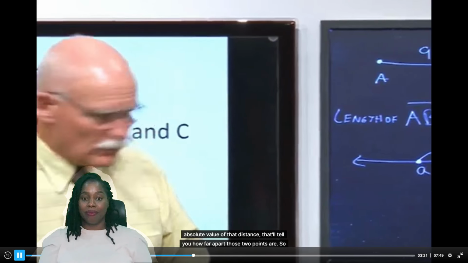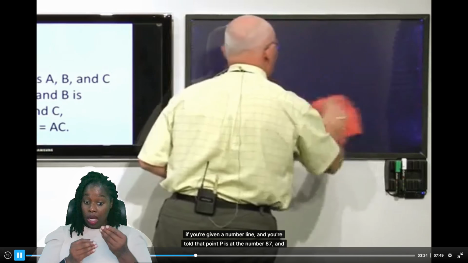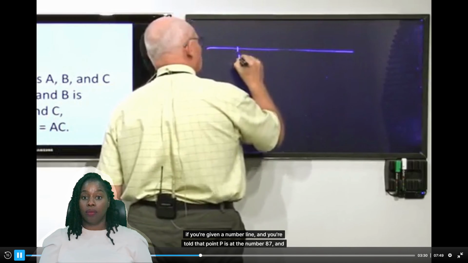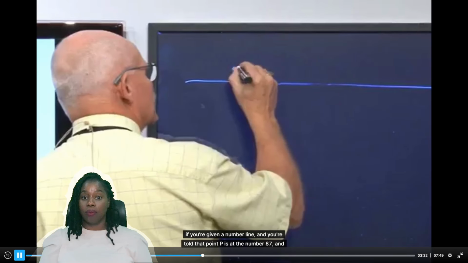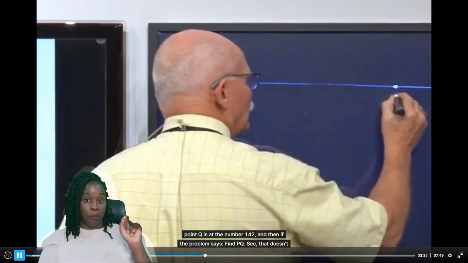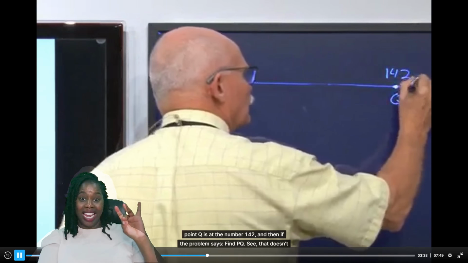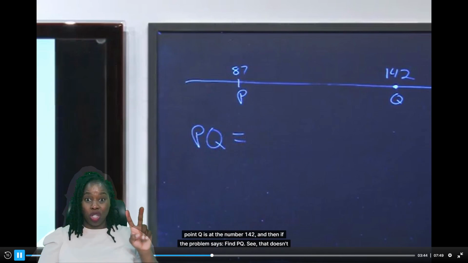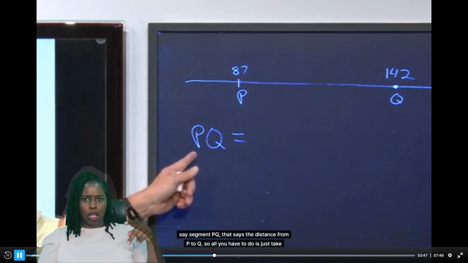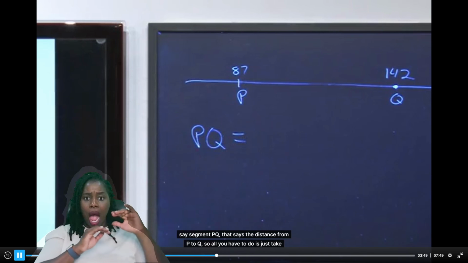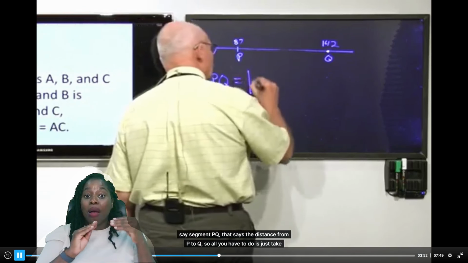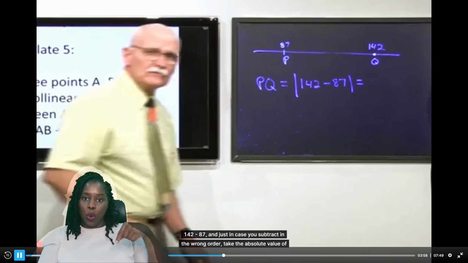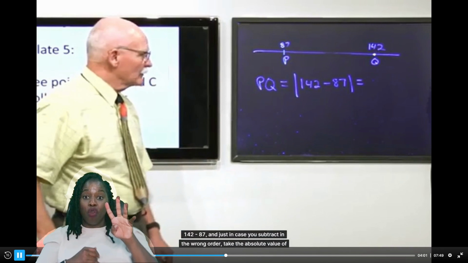Okay? So, if you're given a number line and you're told that point P is at the number 87 and point Q is at the number 142, and then if the problem says find PQ, see, that doesn't say segment PQ, that says the distance from P to Q. So all you have to do is just take 142 minus 87, and just in case you subtract in the wrong order, take the absolute value of your answer.